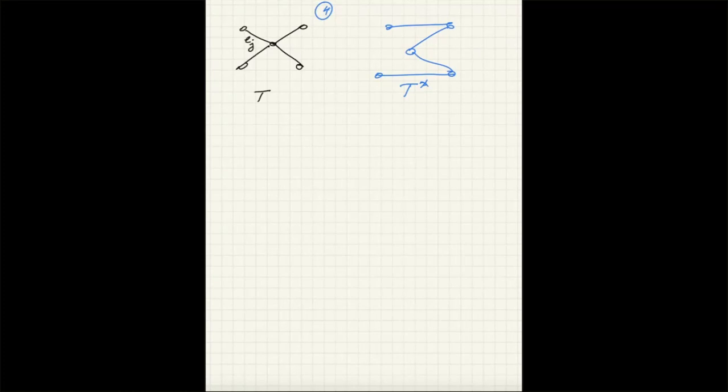You see there are some edges that T and T star have in common. There are two edges that they have in common, but two edges where they differ. When you add this edge EJ here, it creates this triangle with two of the blue edges.